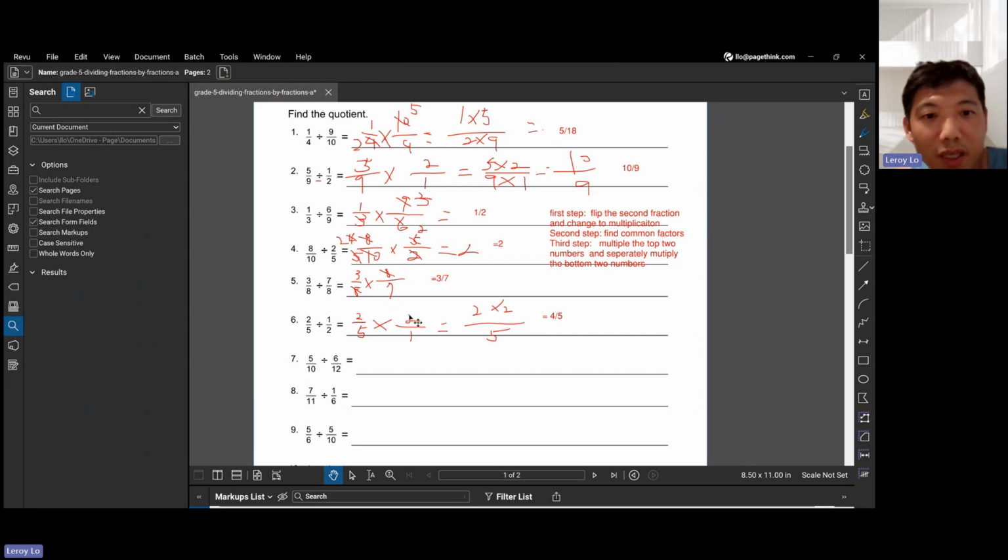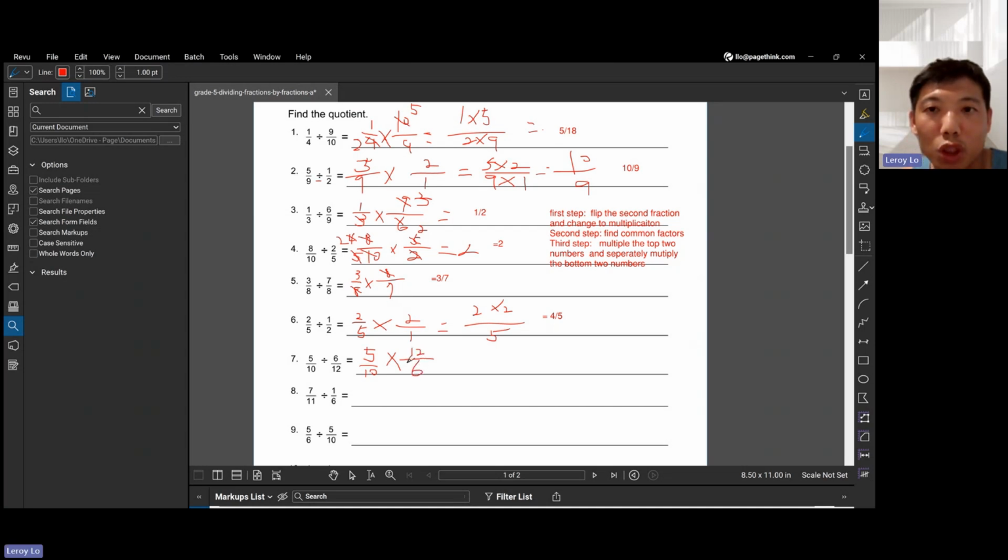Number 7: 5/10 divided by 6/12. First, we put down 5/10, the same, and the first step is to change to multiplication from division, and 6/12, we flip it. So 12 to the top and 6 to the bottom.